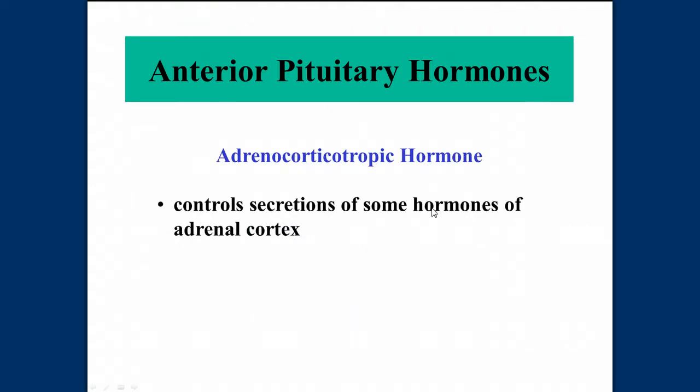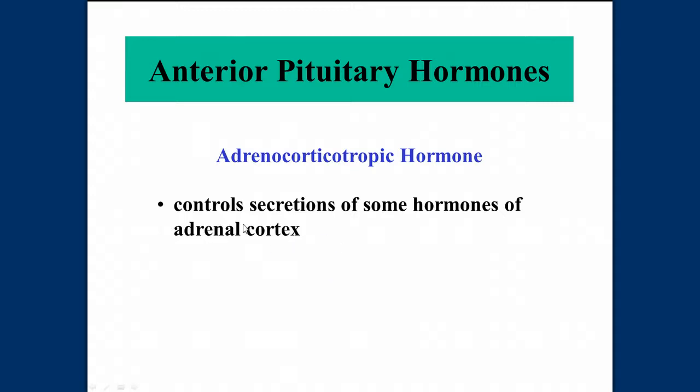Adrenocorticotropic hormone controls the secretion of some hormones in the adrenal cortex. Now the adrenal cortex is the outermost layer of cells of the adrenal gland. Where's the adrenal gland? The adrenal gland sits on top of the kidneys.